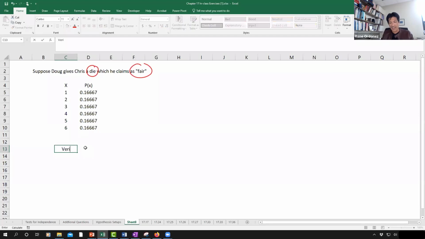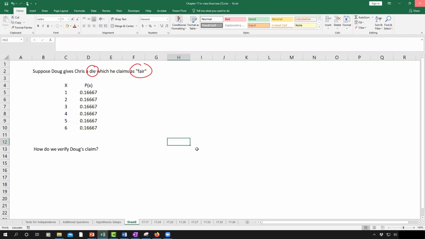How do we verify Doug's claim? Should we just accept his statement as truth? I trust him. Chris, what did you say? I said I trust Doug. He seems trustworthy. Not in this case, especially if money is at stake. Remember, I'm going to use the die to play roulette or something.